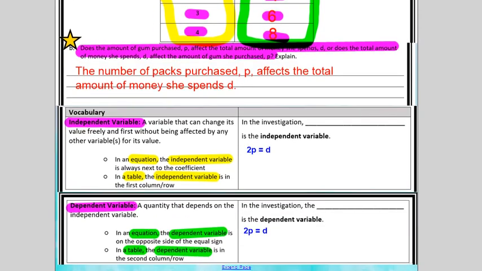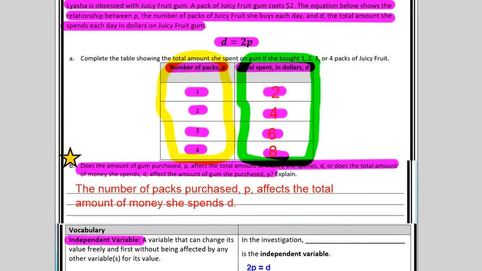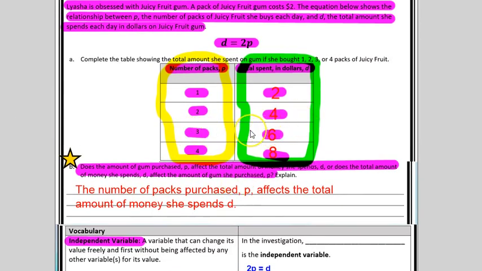So when we are talking about algebraic equations, these numbers that are in a box will actually show up in an algebraic equation. So in the algebraic equation up here, D, which was the number of dollars she spent, you can see D is on its own.